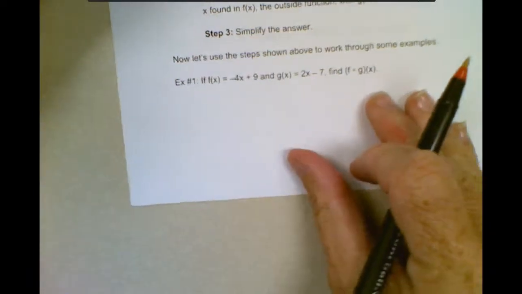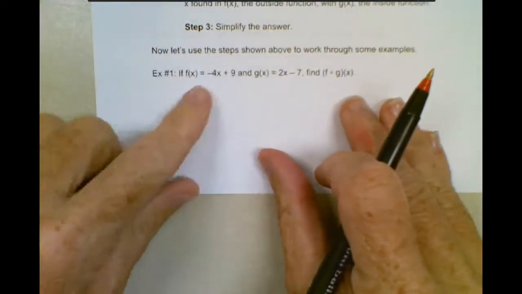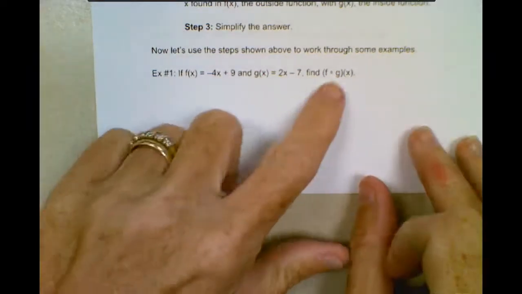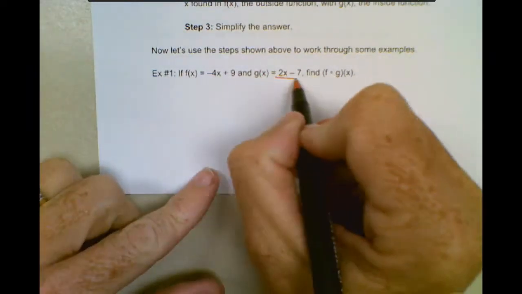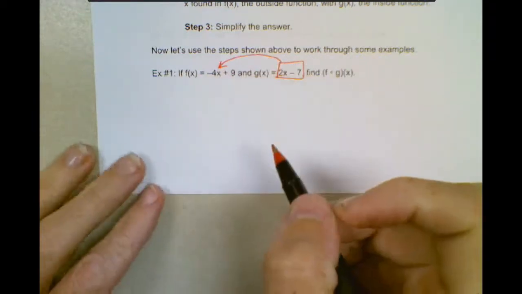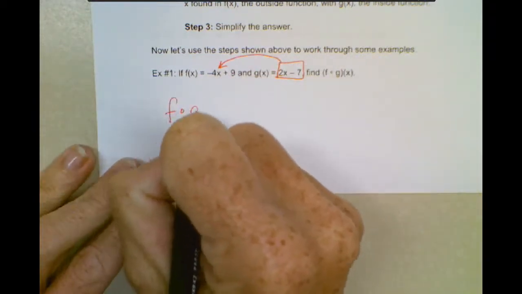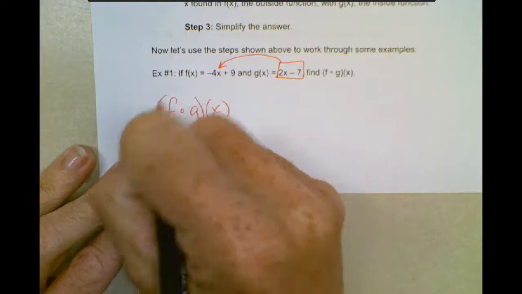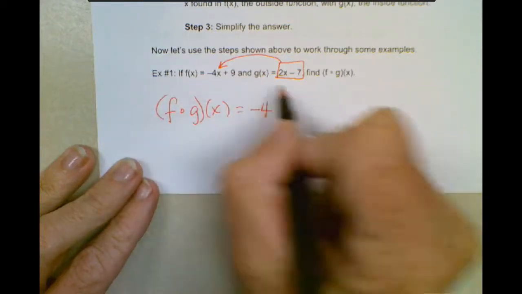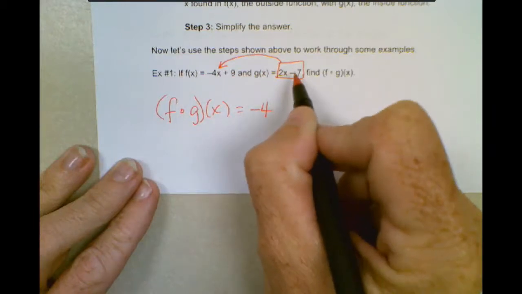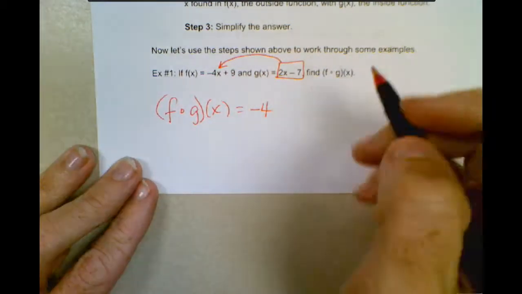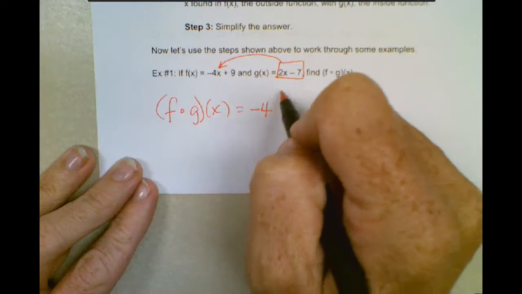So in this case, we're doing f of g of x. Find f of g of x. So our g of x, this amount here, is what's going to get substituted in for the x there. So f of g of x. Here's my f function, negative 4x plus 9. However, my g of x is going to be my input.